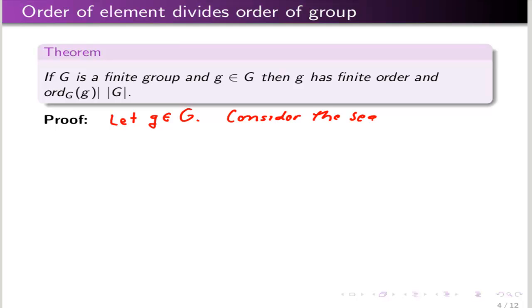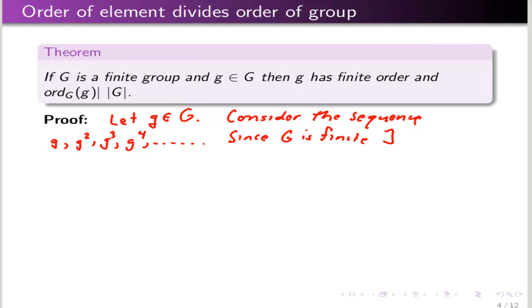We just take different powers of g: g, g squared, g cubed, etc. Well, this is a finite group, and so we can't have infinitely many distinct objects in the sequence. So since G is finite, there exist some integers j less than k with g to the j equaling g to the k.